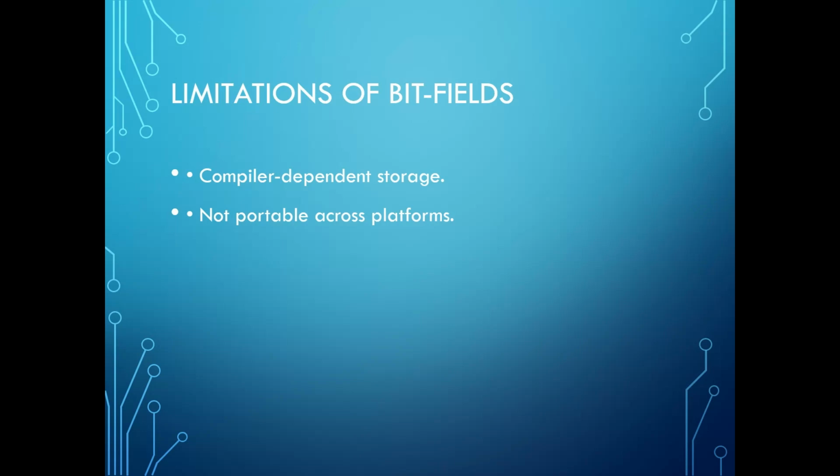Implementation is compiler dependent. The order of bits may change on different machines, so it depends upon the machine as well. Not portable. Should be used only for hardware specific code.